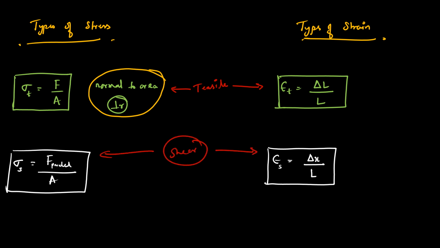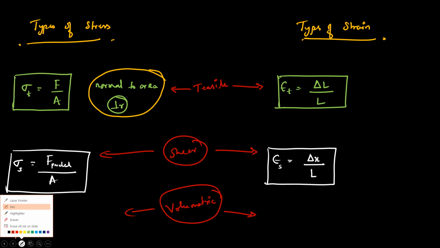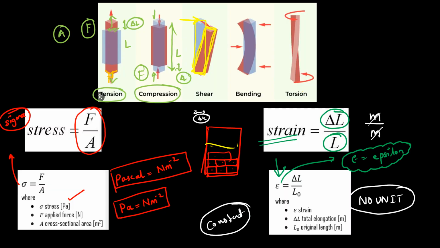Next, we have volumetric. And over here, what is going to be the difference? If I have a ball, and this is compressed, then what is going to be the force, and what is this small area that is acting on A, right?